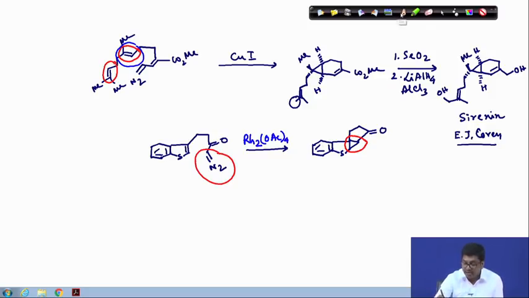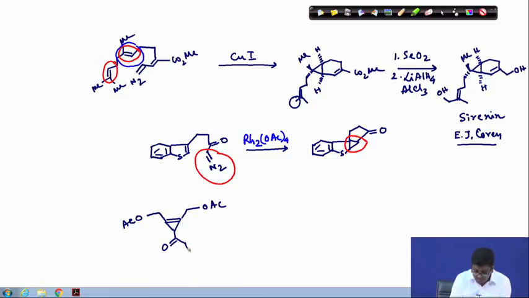In another example, if we take this cyclopropene system, this is also a precursor for carbene.